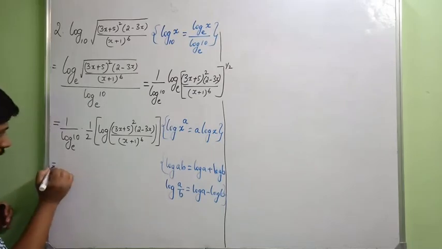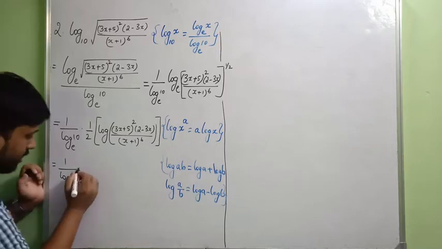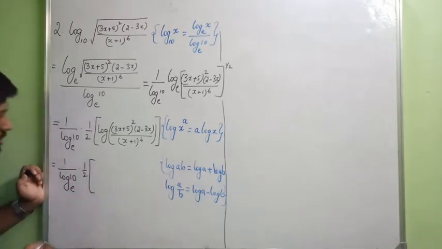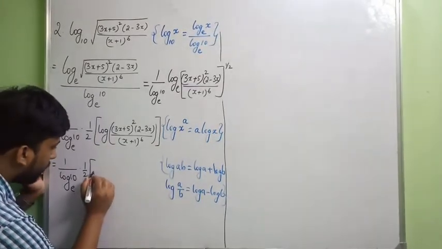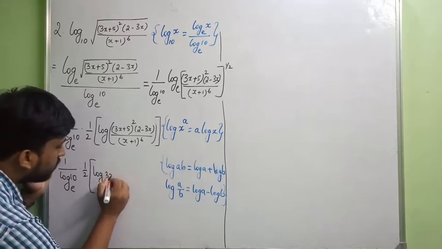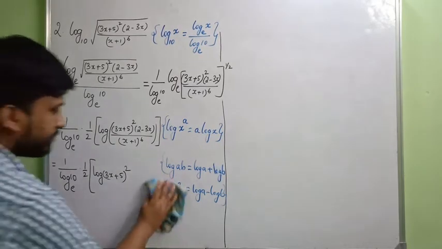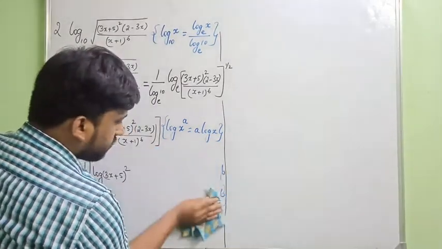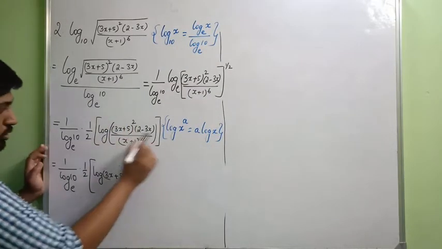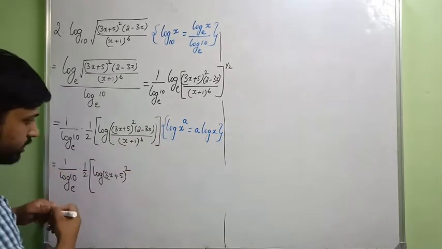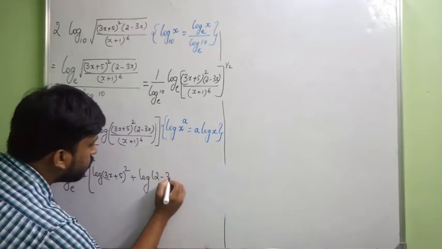Or otherwise, let me first apply the log. So log 10 to the base e into 1 by 2 into, what happens? So here first let me apply this formula. Log of 3x plus 5 the whole square. Let me write that formula afterwards. I am just splitting this log of AB, right? So we have, I am going to split this, plus log of 2 minus 3x.